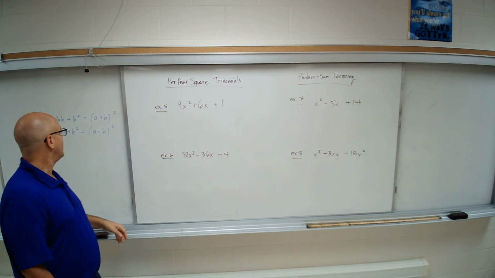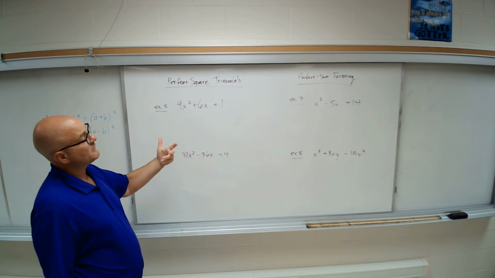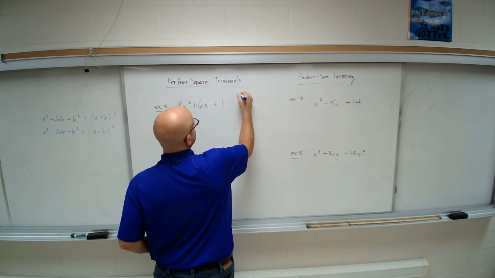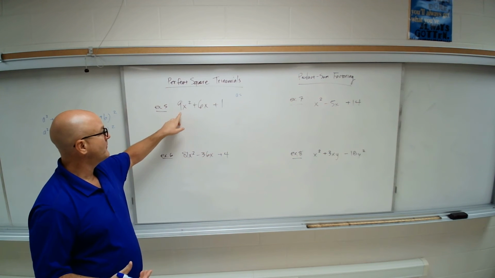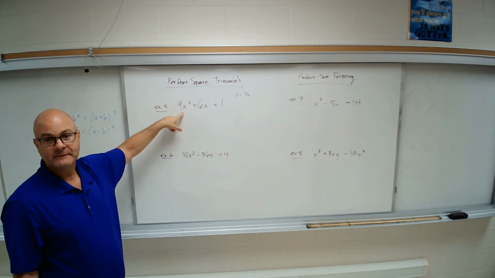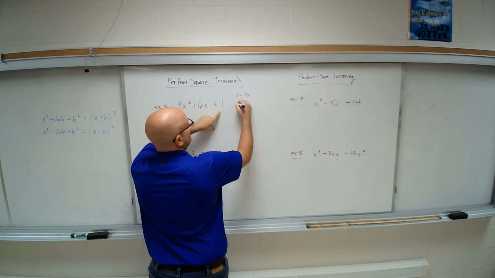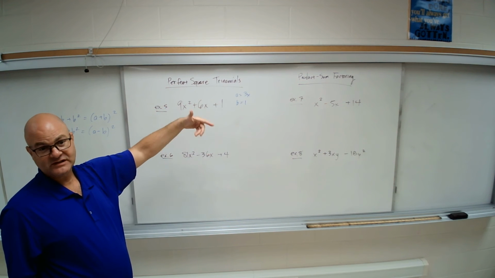Okay, so again, we're trying to fit this into the top pattern because there's a plus there. So what I like to do is I say, well, okay, I kind of assume it is. If this is a perfect square trinomial, then a would have to be 3x, correct? Because that's what's getting squared. And then b would have to be 1. So it's got the first, it's got the third.